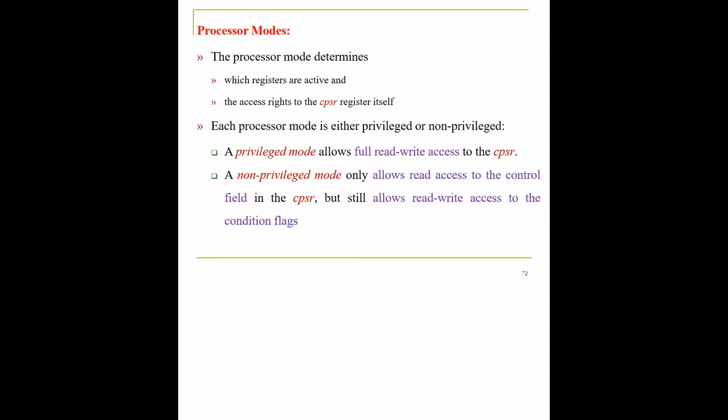One was CPSR and the other was SPSR. The registers were named R0 to R15, with every register having its own capacity and its own functionality. Very specifically, R13, R14 and R15 were the registers used for a specific purpose. This is what we studied in the previous video lecture.